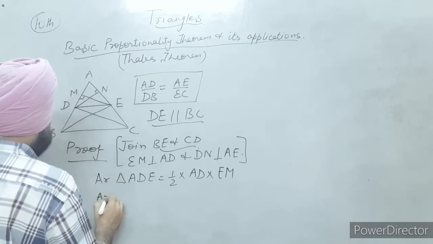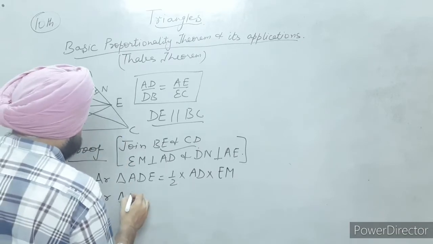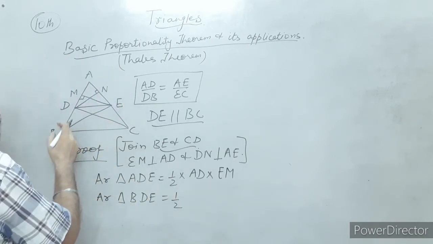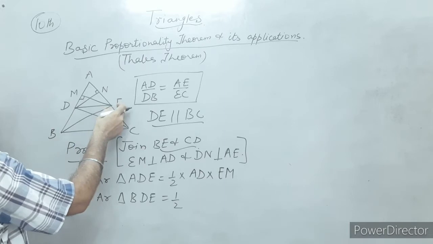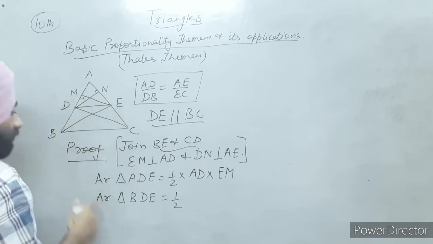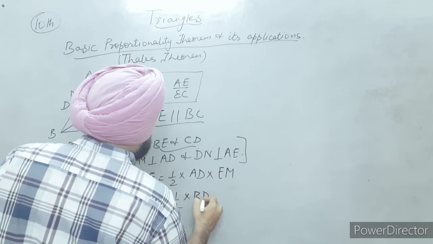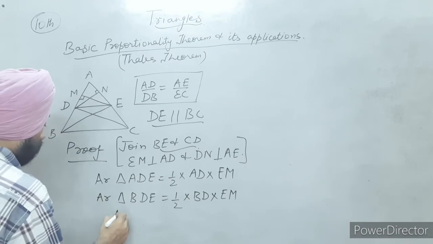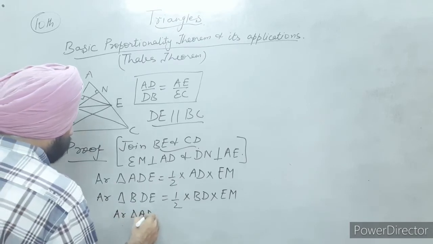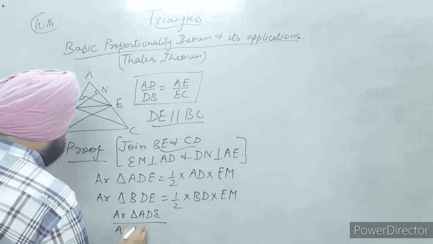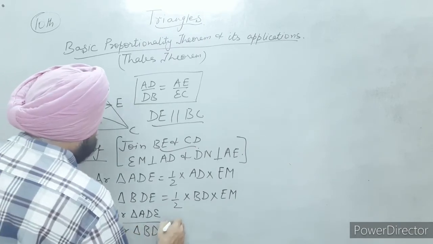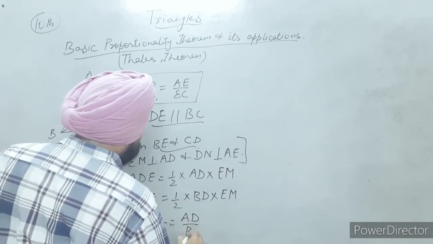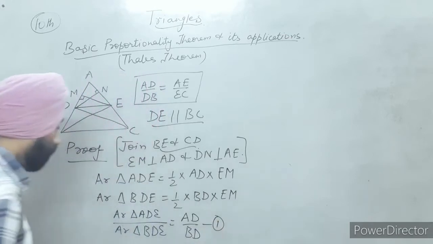And now area of triangle BDE, again the same formula, half base, base is BD and the perpendicular dropped on the extended BD is EM, half into base into height. Now when we divide these, we get the ratio area triangle ADE upon area triangle BDE, which is equal to, half with half goes, EM with EM cancels, AD upon BD. This is our first equation.